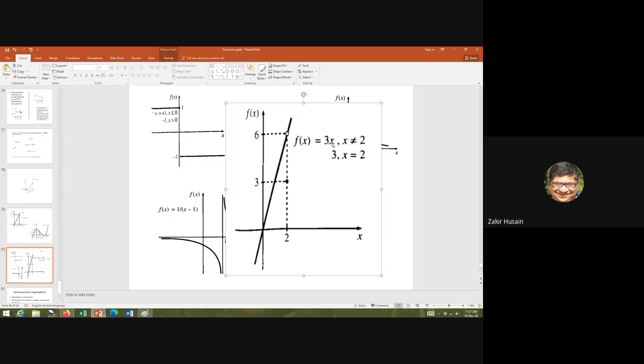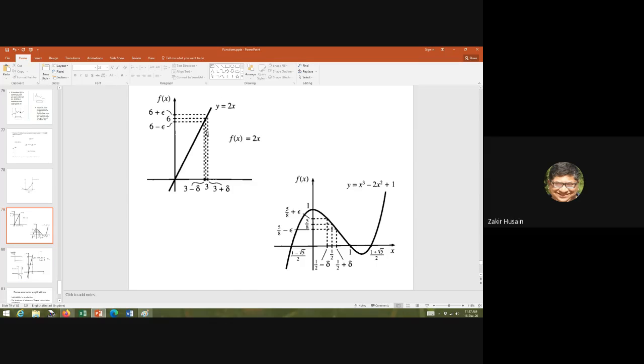But we have said that only if x is not equal to 2, it is 3x. And if x is equal to 2, it is this point. So we go along this line up to here. There's a hole over here, and then the line continues. This hole actually comes over here. You can see there's a small circle over here. That is why it is not continuous.